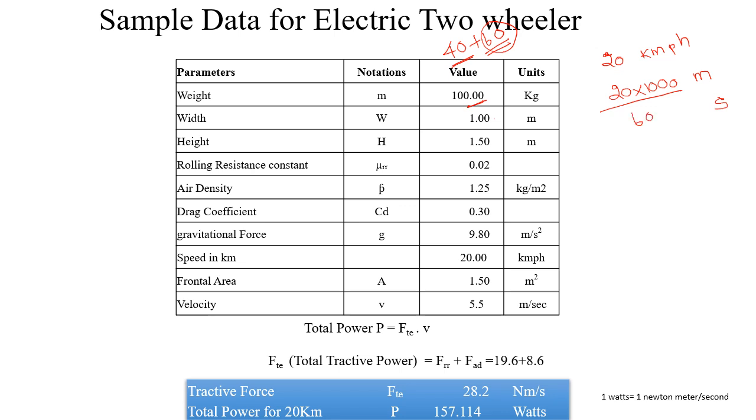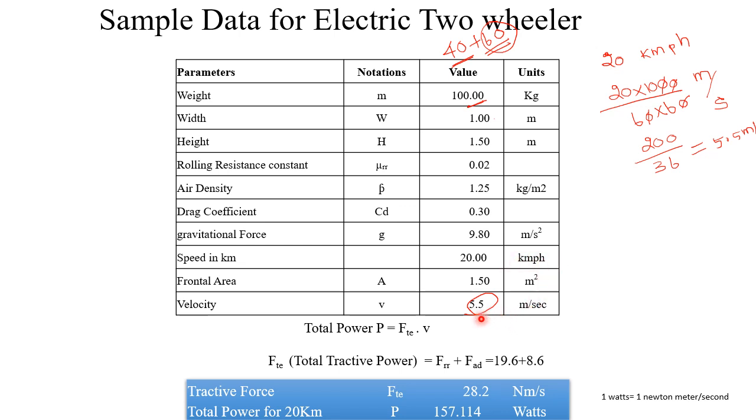So 60 times 60. If you do that, you will get meter per second. Let's cancel the zeros. So it's just 200 divided by 6 into 6, 36, which is approximately 5.5 meter per second. So that is what is captured here, 5.5 meter per second. So now we have converted kilometer per hour into meter per second.